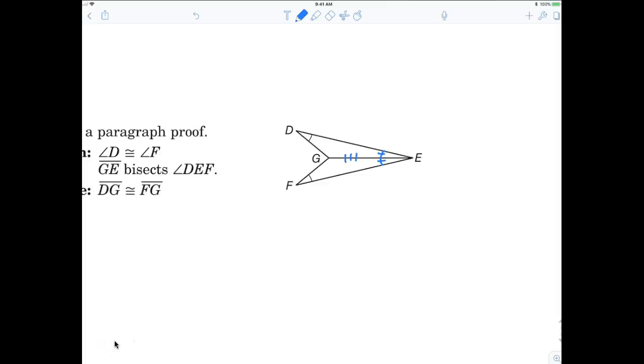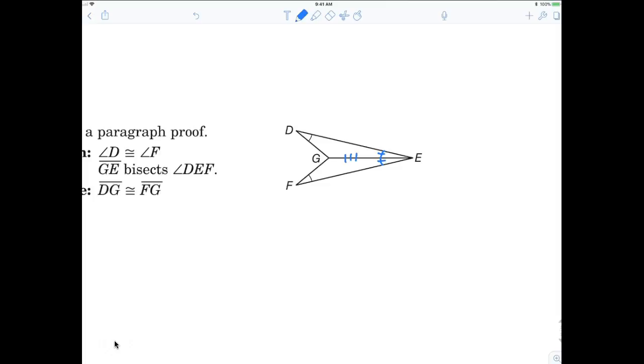And then, after you say the triangles are congruent by angle, angle, side, you now can say that DG is congruent to FG by CPCTC, yes, corresponding parts of congruent triangles are congruent. Can I use side angle side? If you can tell me another side that's congruent.